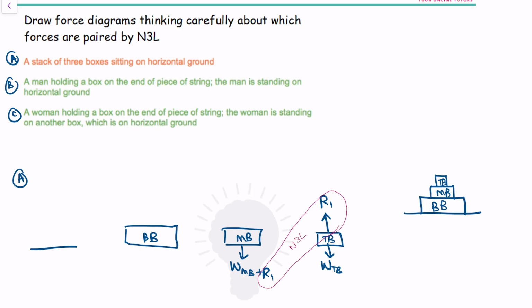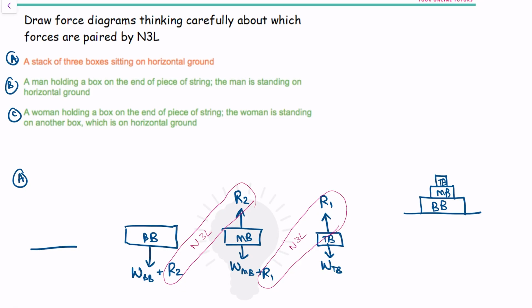The middle box also feels the bottom box pushing up. So this is a different reaction force, reaction 2. What does the bottom box feel? The bottom box feels its own weight, so weight of bottom box. It also feels the middle box pushing down, which is equivalent to what the middle box feels pushing up. So this is R2, and again we have Newton's third law here.